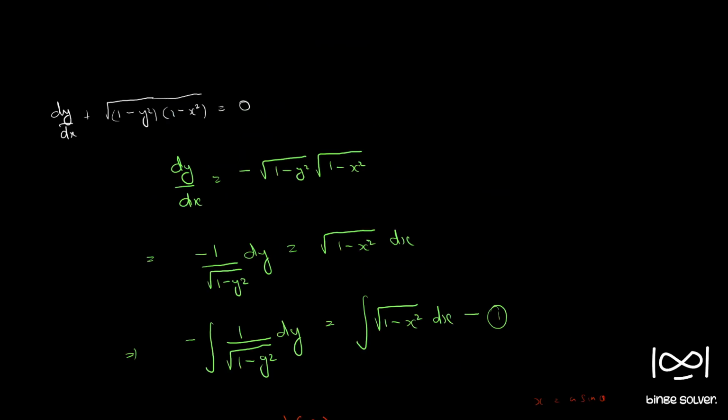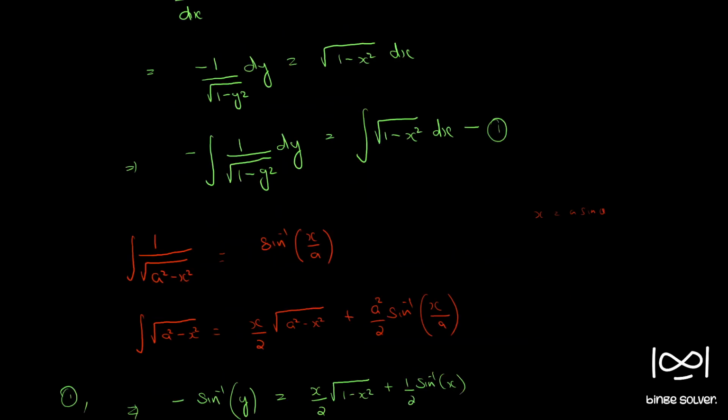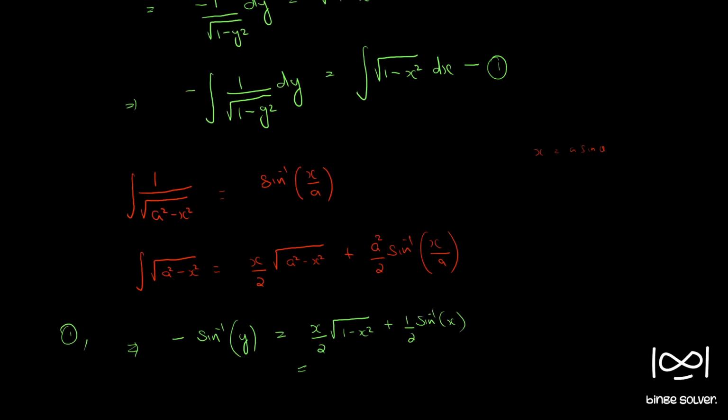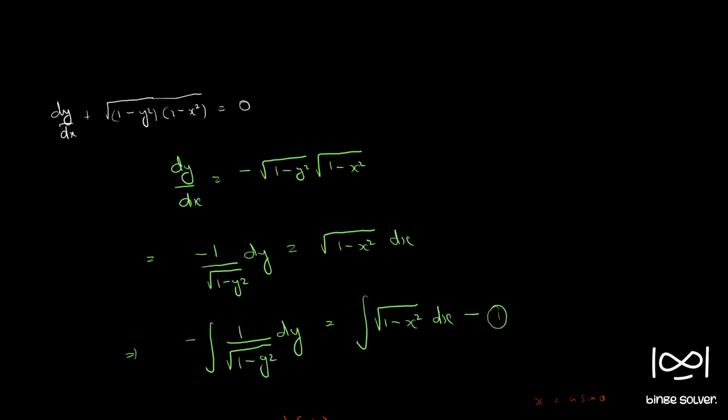So there was a slight mistake. This question will have this answer. There is no mistake here, but there was a small mistake when I wrote down the question. It was root of 1 minus y square by root of 1 minus x square, so the whole thing changes.